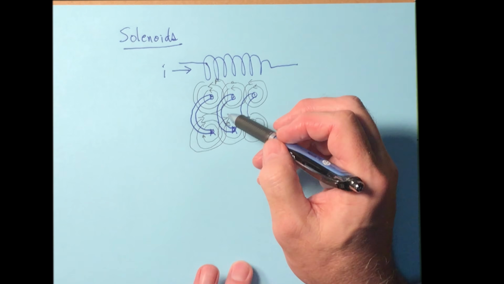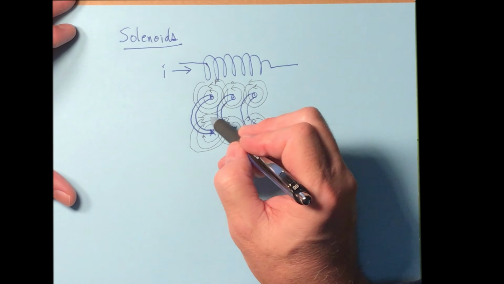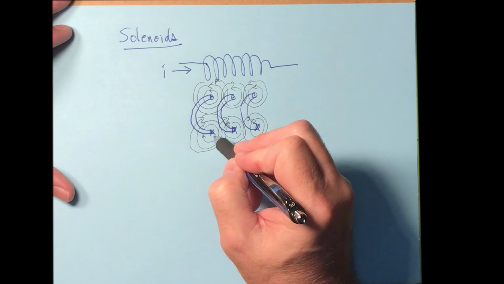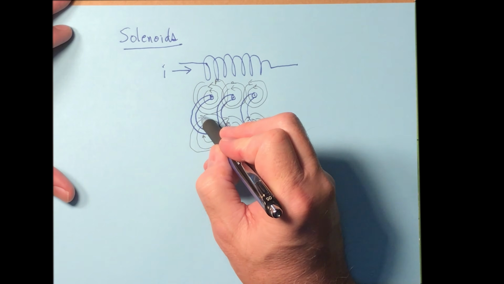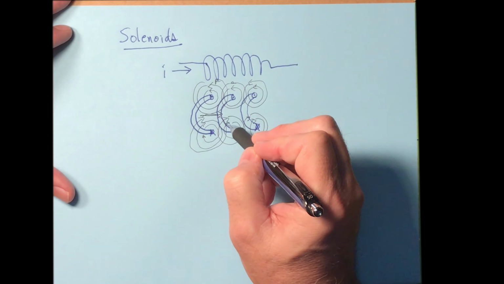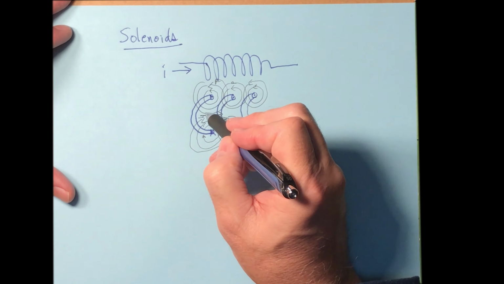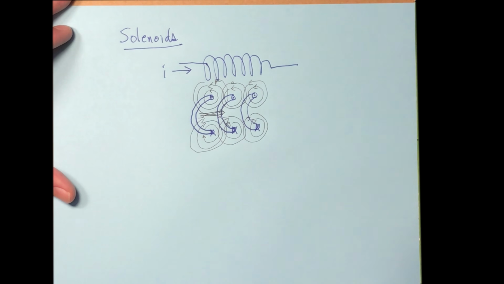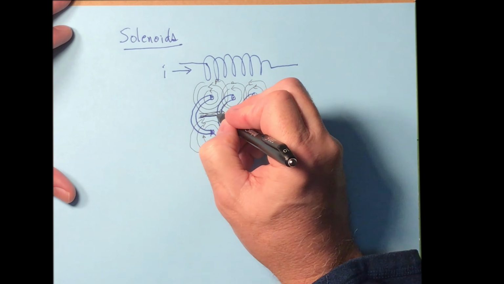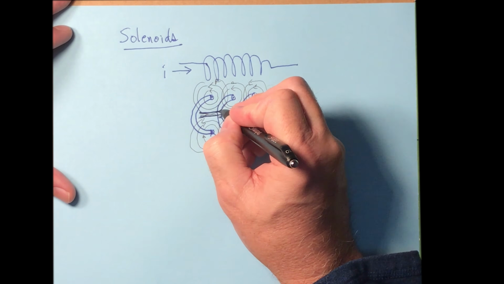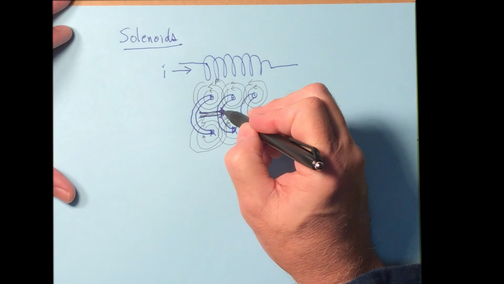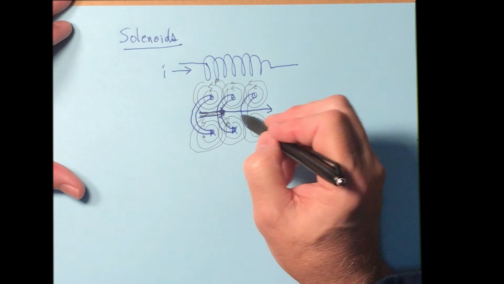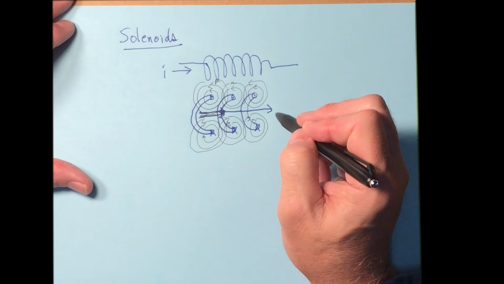Now think about how these magnetic fields interact here in the center. In the center, the magnetic field due to this bottom one is going in that direction, and the magnetic field due to the top one is also going in that direction. So all the way through the center here, there is a constant uniform magnetic field.